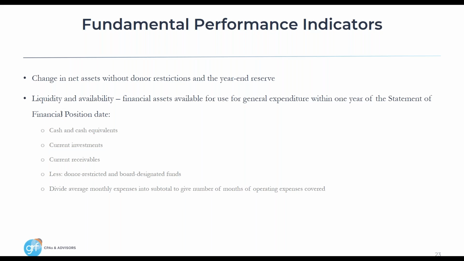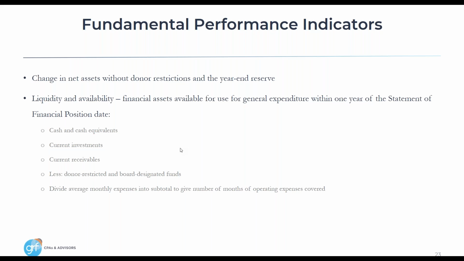This is essentially the operating surplus or deficit for your organization for the year under audit, an extremely important measure. Also look at the year-end ending net asset amount for net assets without donor restrictions. Again, you want to get a very good idea of how much net assets your organization has at the end of the year, which is not restricted in any way.